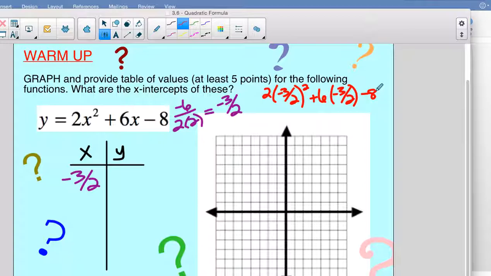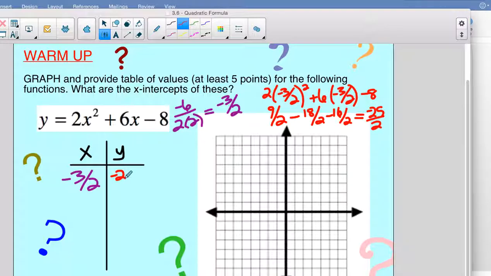So times 2 would make it from 9/4 to just 9/2. 9/2 minus, this is going to be 18/2, which is double the first one. And then minus another 16/2, which gives us 9 minus 18 is negative 9, minus another 16 is negative 25 halves. So like negative 12.5.